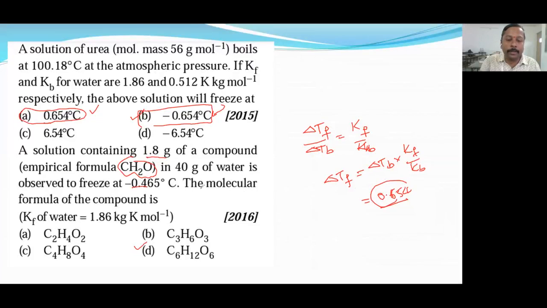When you solve, first of all the molecular mass you will get is 180. 180 divided by the empirical formula mass, which is 30, so it will be 6. So the n factor gives C6H12O6. So D will be the correct answer.